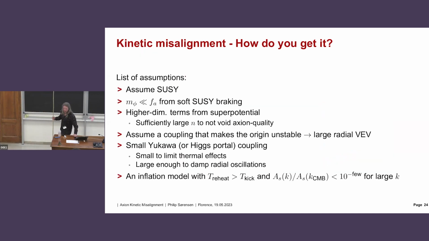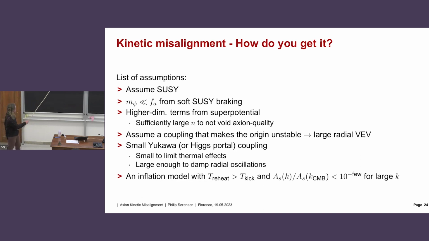So just to sum up, I figured people are probably lost in their assumptions, so let me just paint the assumptions you need for this. First, you assume SUSY. You then generate a small mass from soft SUSY breaking. You introduce these high dimensional terms. If you want it to be the QCD axion, you need the N to be large enough not to mess with the quality problem.